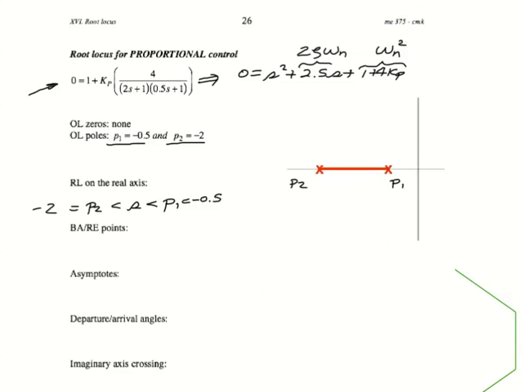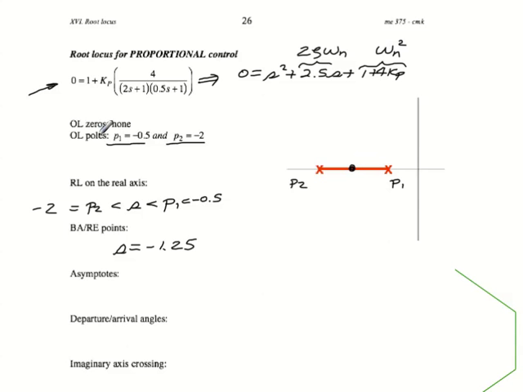The breakaway re-entry points, do the calculations, and you'll find that you have one breakaway point, and that's at minus 1.25. So that's going to be somewhere in here. I'm not too worried about the scale. I'm just getting the trends here in the picture.